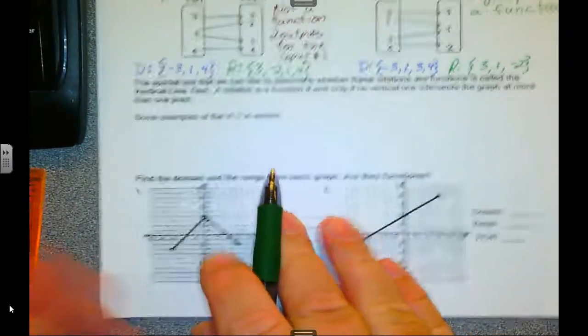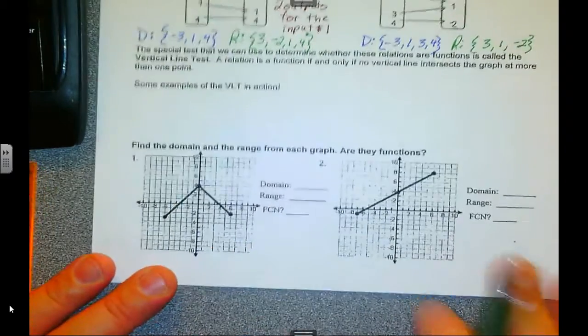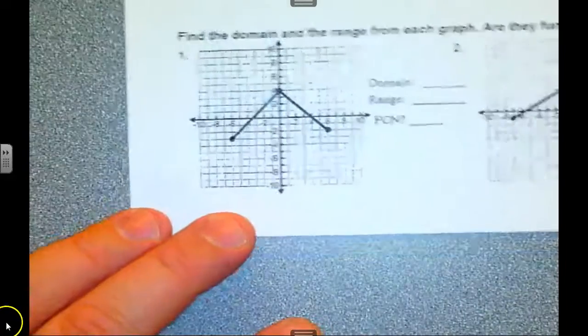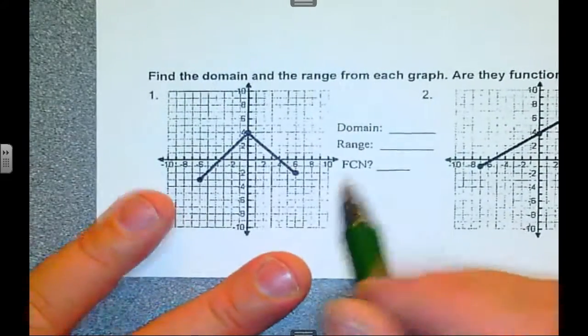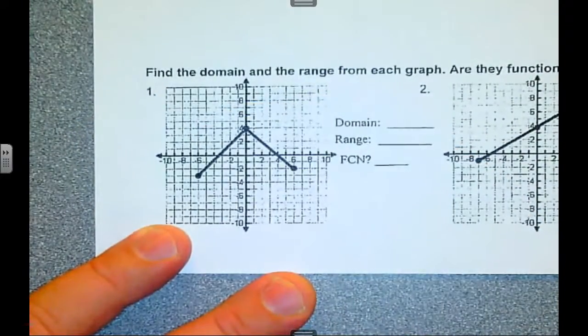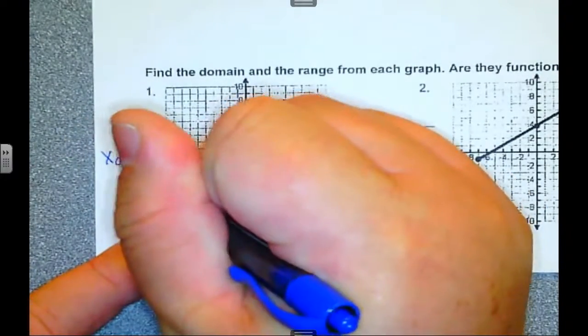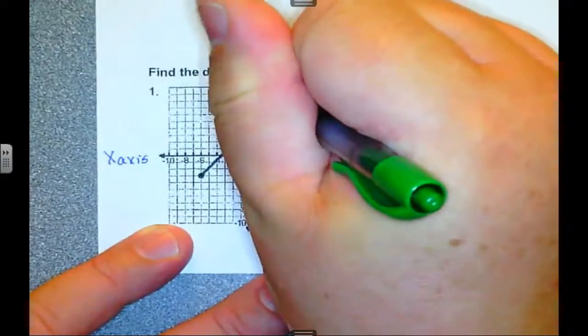Here I have a graph. Now, this is a closed circle. I know these are not very good graphs. They didn't copy very well. Remember, this is my x-axis. This is my y-axis.